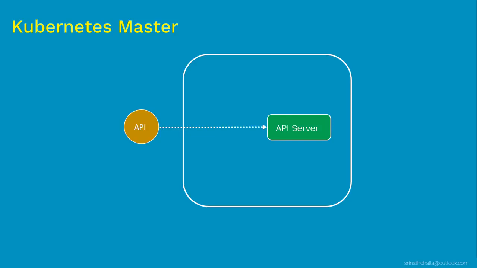So how do we interact with this API? Using a tool called kubectl. It is also called by various names such as kubecontrol and kubectl. It is a very tiny Go language binary. It talks to the API server to perform any operations that we issue from the command line. So that's about the API server. Next comes the scheduler.